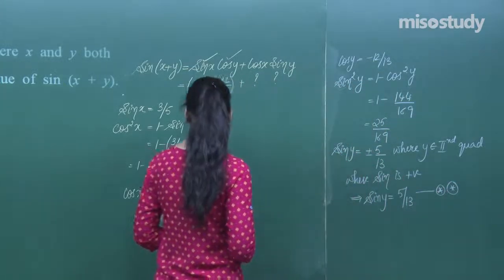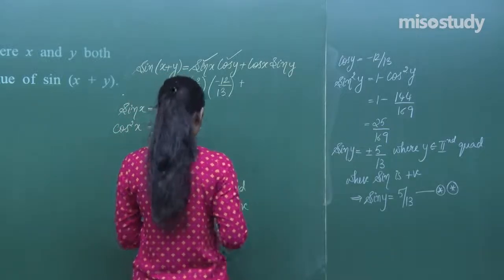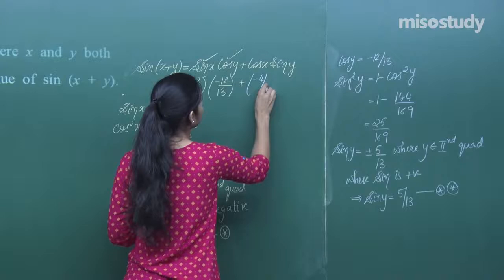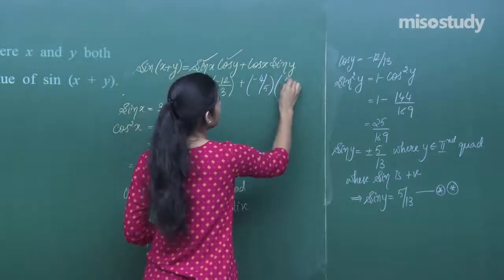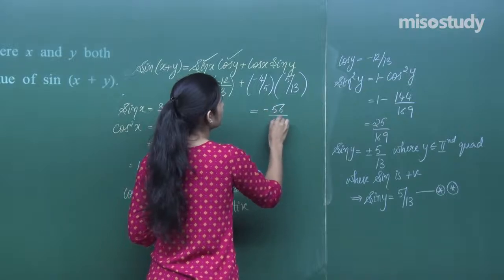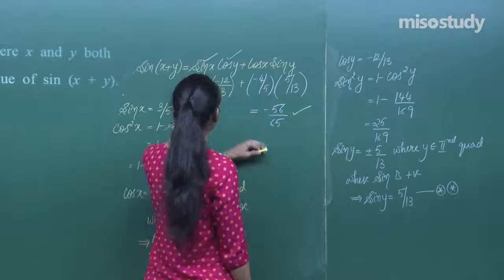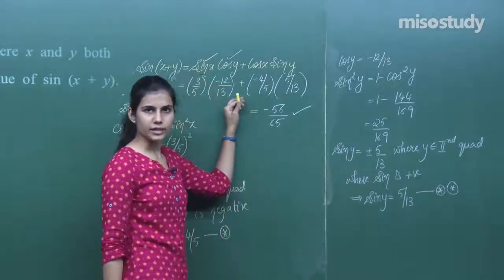So I have got the value of cos x and sin y. Plug it in over here. Cos x is minus 4/5 and sin y is 5/13. When you resolve this, you get minus 56/65. Fine? And that happens to be your very answer to this query.